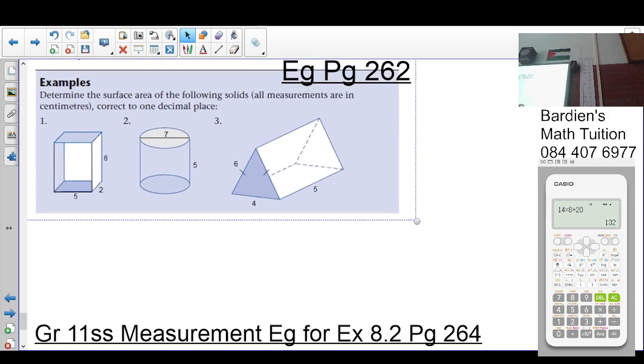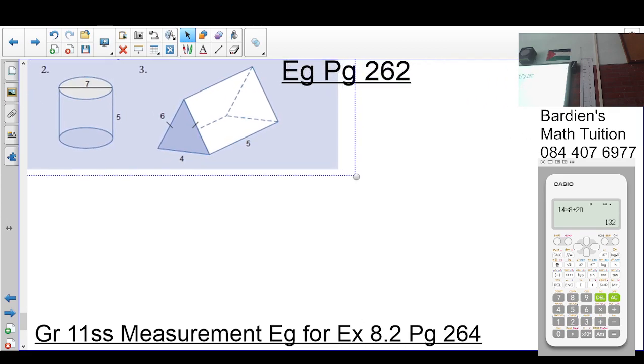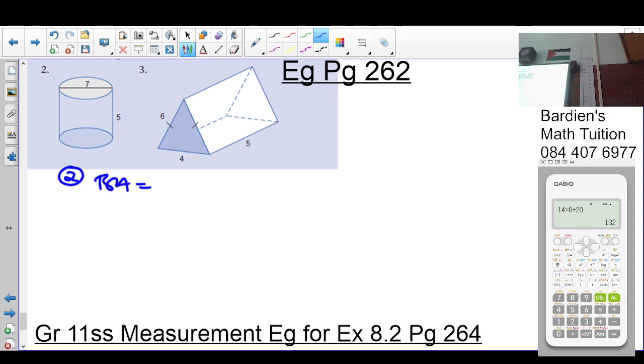Let's look at number 2. I think maybe it's the color, no? The red color. Let's try with blue. Right, how do you calculate the surface area of this object? It's perimeter of base times height plus twice area of base.